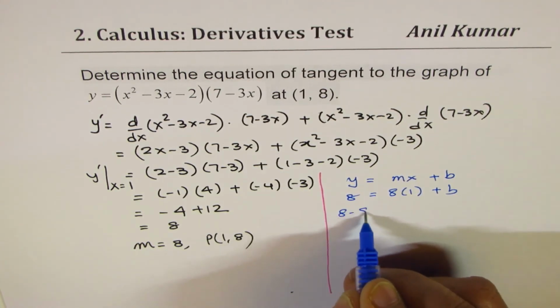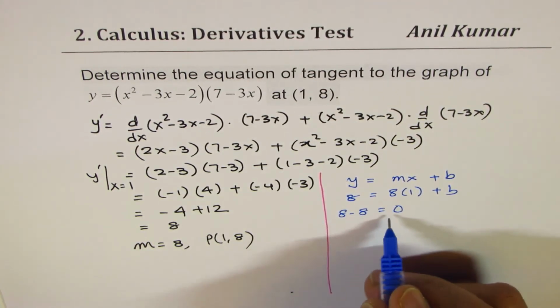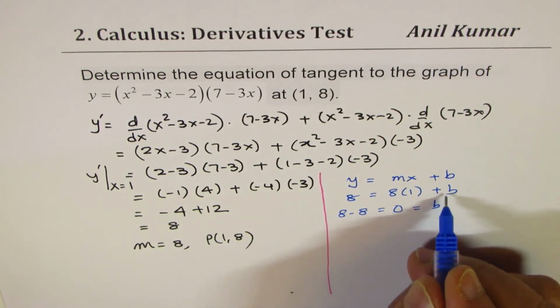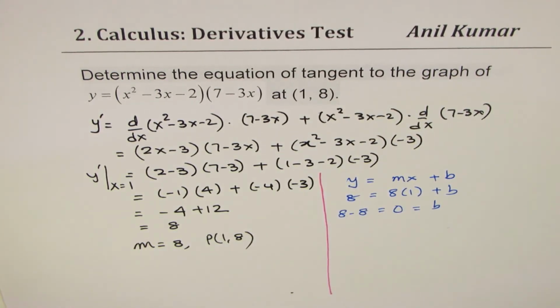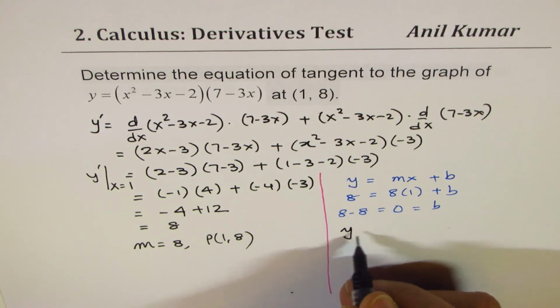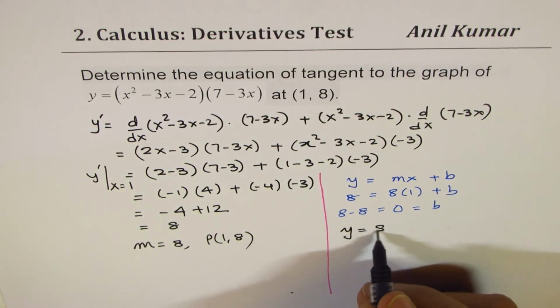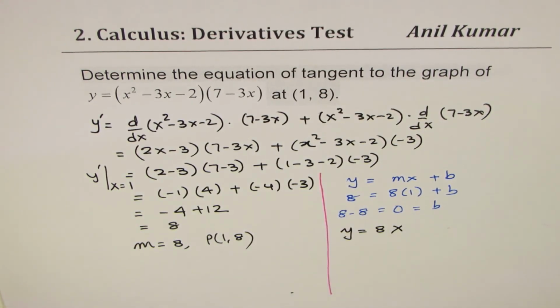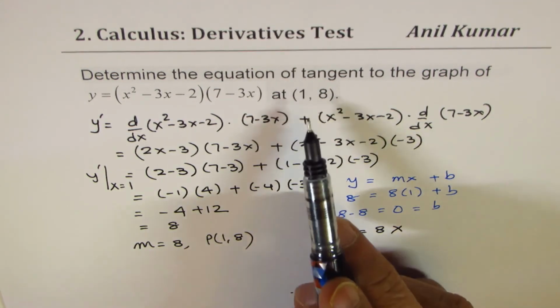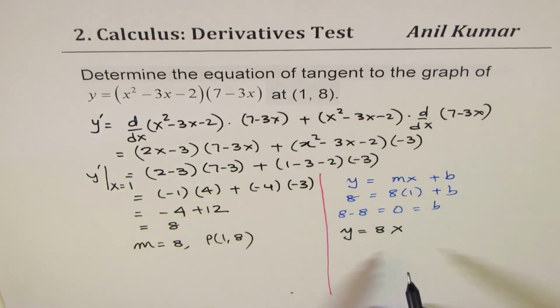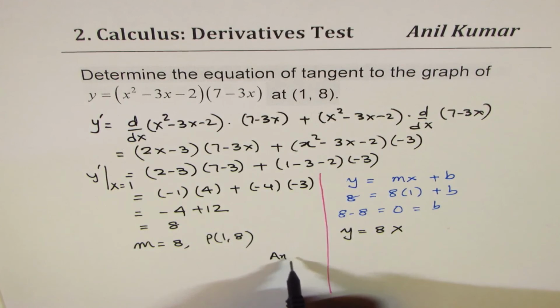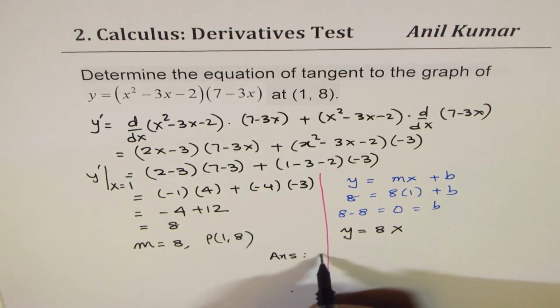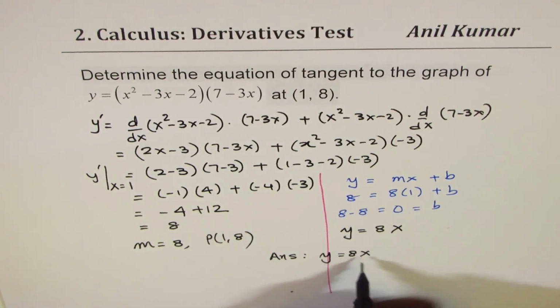And that gives you 8 minus 8 equals 0, which is the value of b, right? Therefore, the equation of the line is y equals the slope 8 times x. And you can see 1 times 8 is 8, so that also works. So that becomes our answer: the equation of the line is y equals 8x.